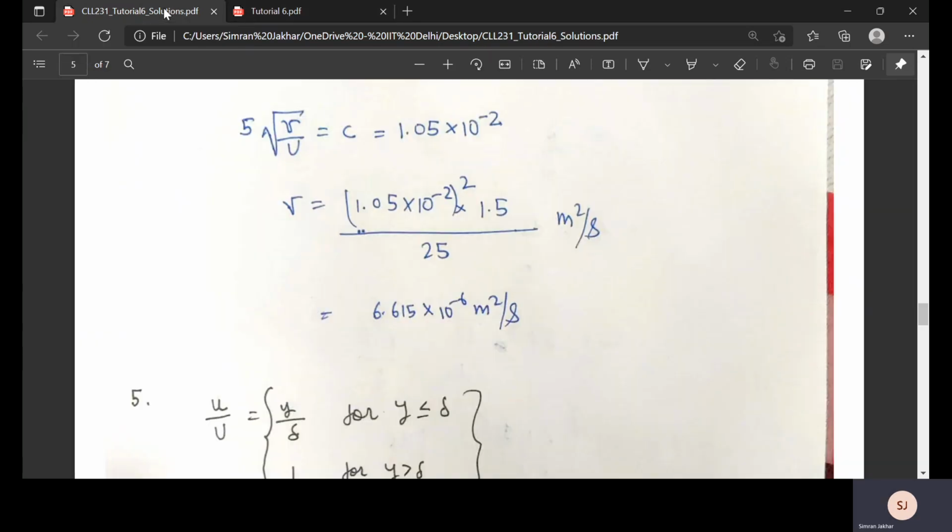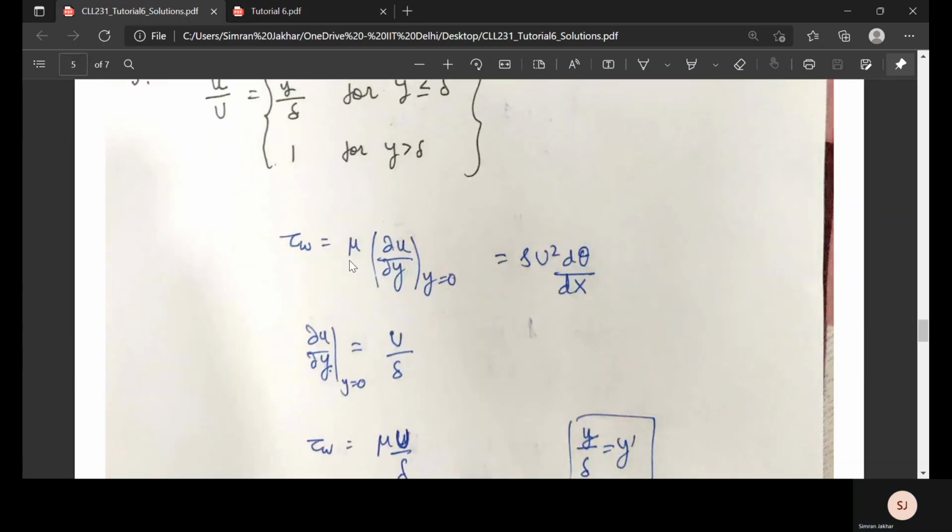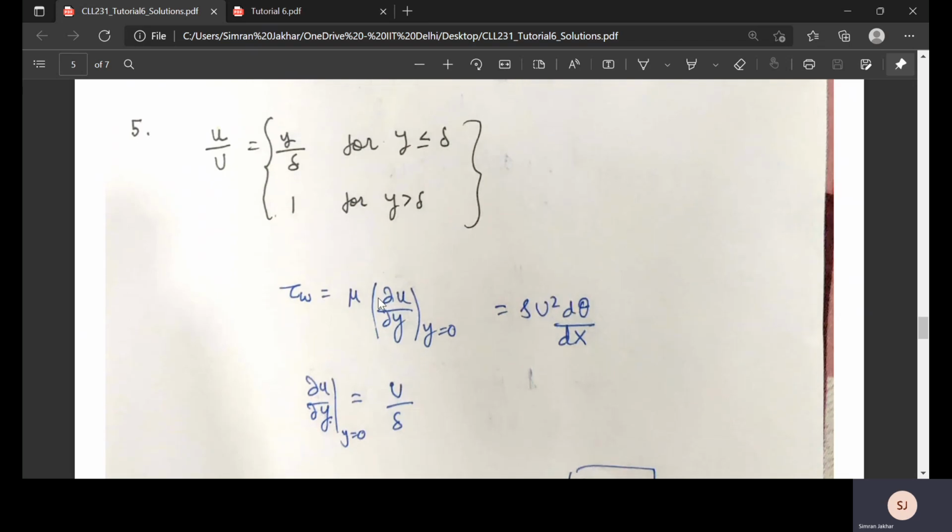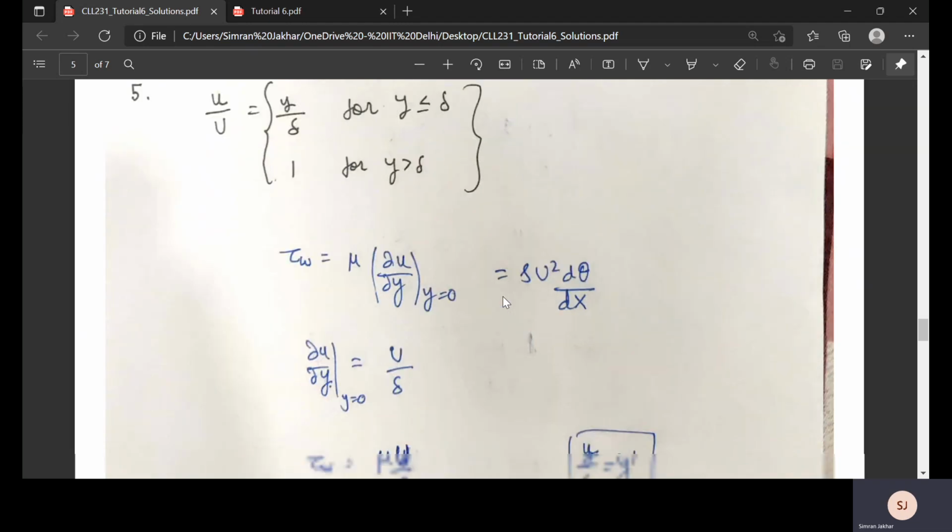So quickly moving to the solution. The tau will be equal to mu times du by dy at y equals 0, which is given by the velocity profile, and which will be equal to rho times u square d theta by dx.